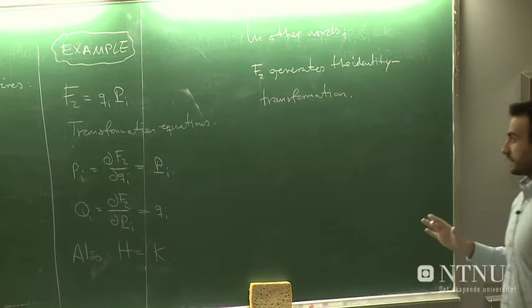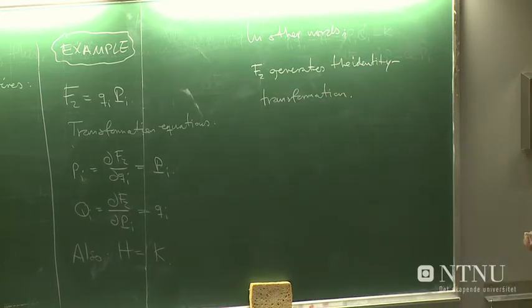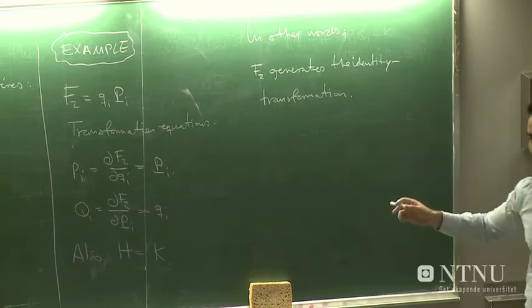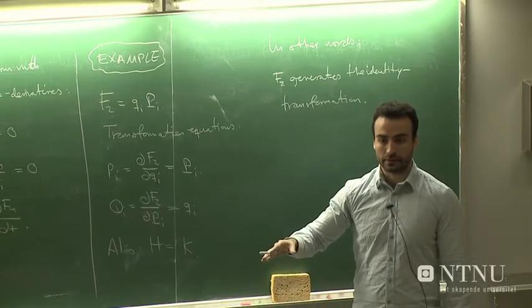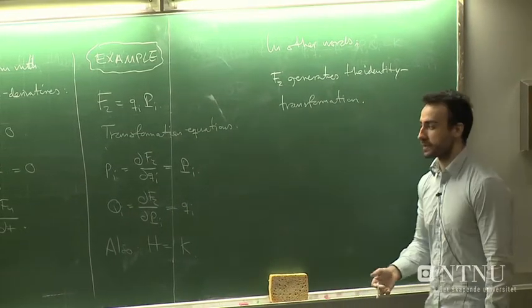And I'm not saying that for F2 in general, but this particular function, which belongs to the class F2, does generate the identity transformation.